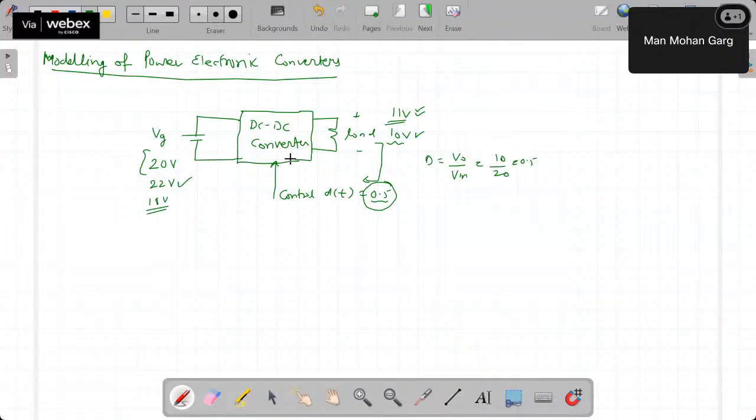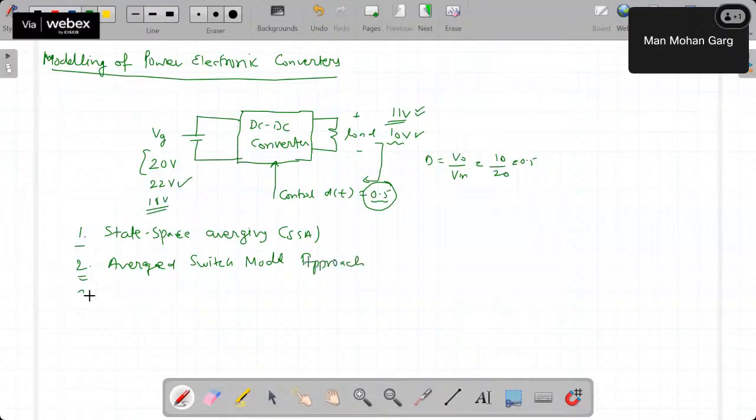Second is SSA, popularly known as state space averaging. The second is the averaged switch model technique or approach. And the third one is the various switching flow graph techniques, or, as I told yesterday, bond graph.